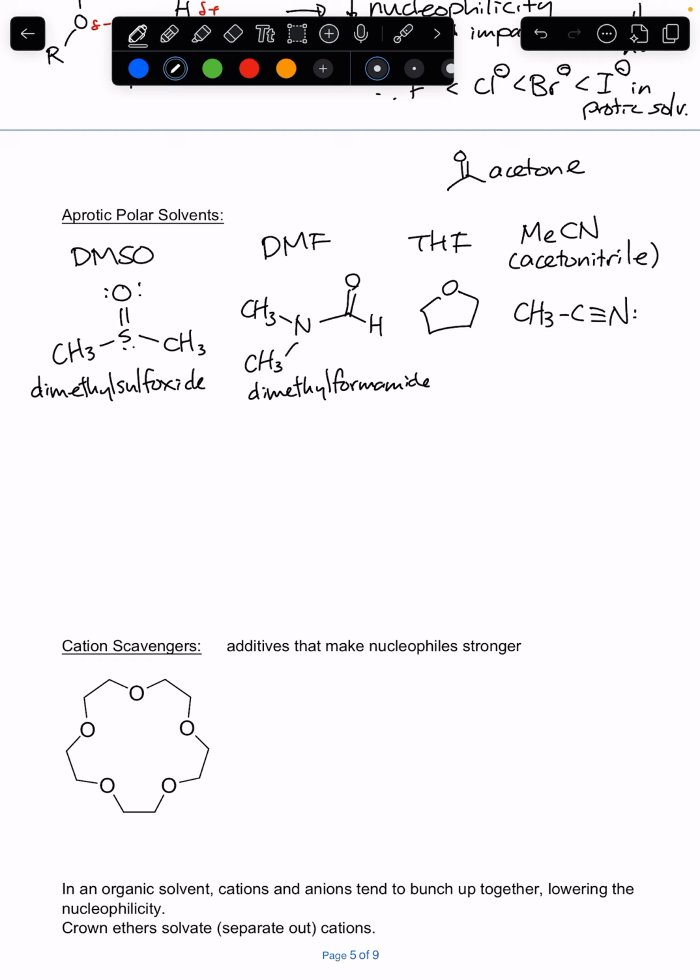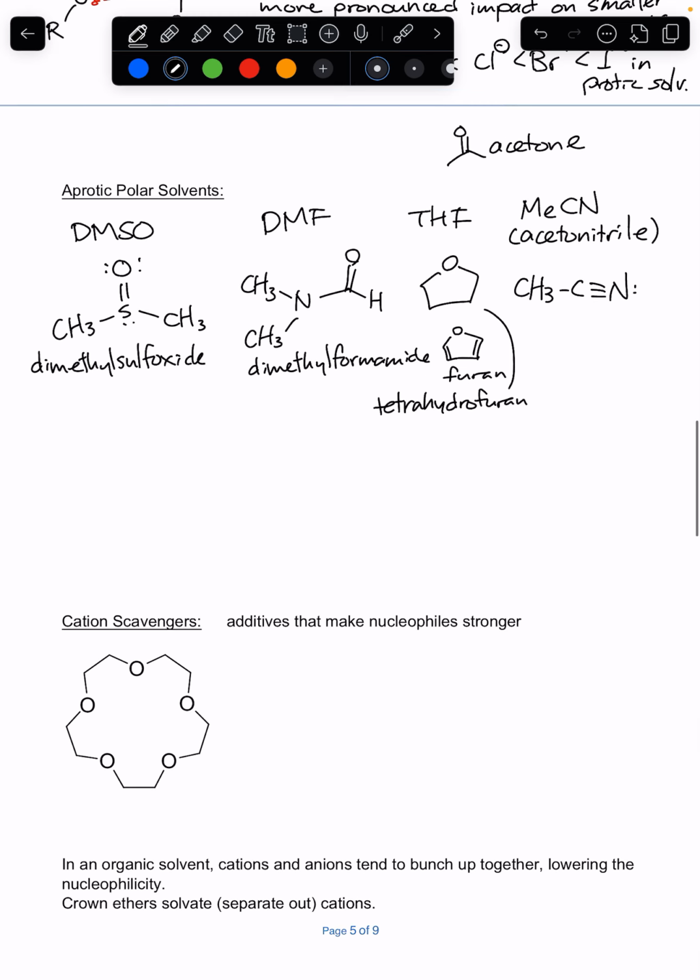And THF stands for tetrahydrofuran, but in order to make sense of that, you should know that this compound is furan, so THF is tetrahydrofuran. It's because if you add 4 hydrogens to furan, you get THF. Okay, and acetonitrile, of course, is acetonitrile.